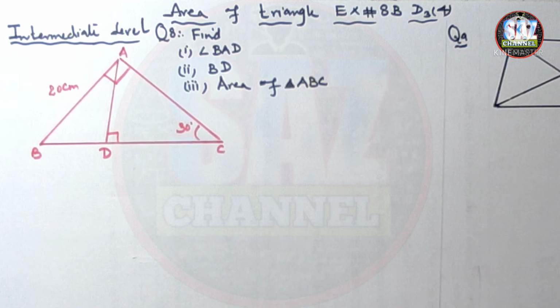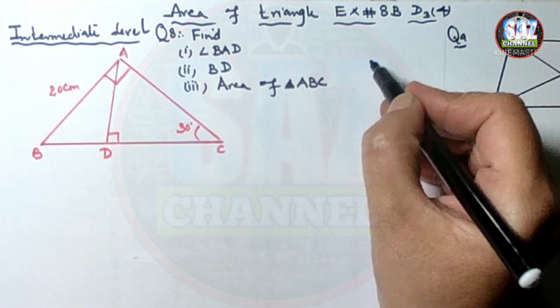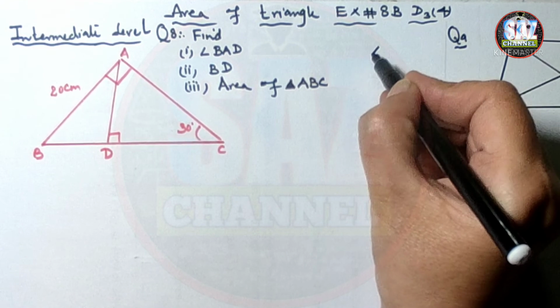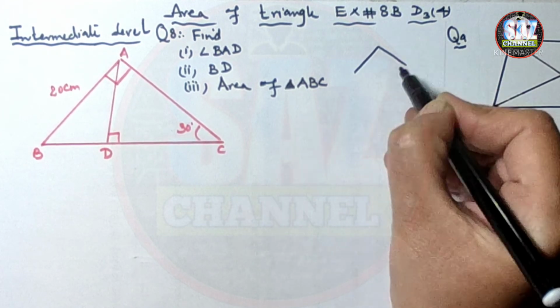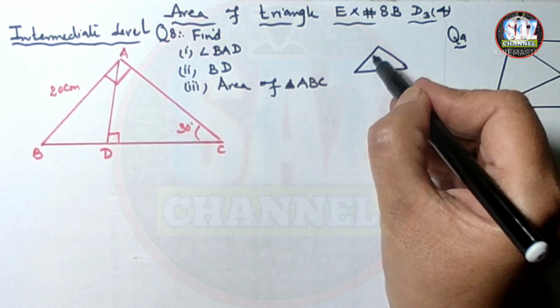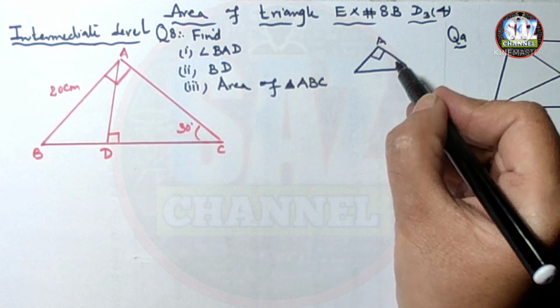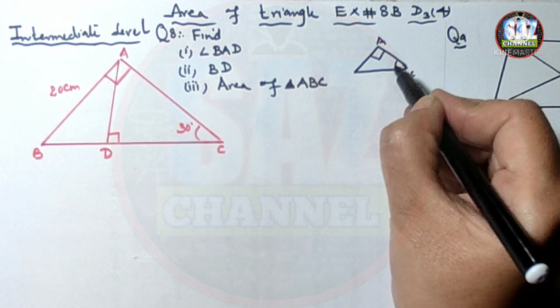So let's talk about each part one by one. First of all, we have to think about this outer big triangle. I always advise my students to try to make a rough sketch of the diagram. This angle is of measure 90 degrees, which is at vertex A. Angle C is 30 degrees.